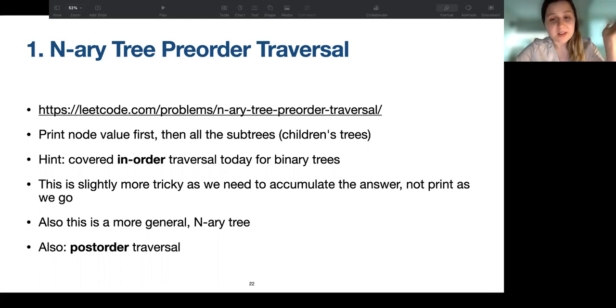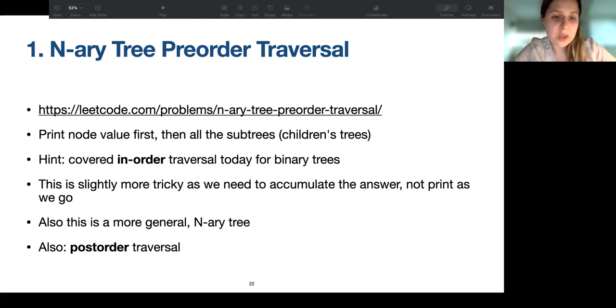as it likes. And what we want to achieve here, we want to print the tree in the following manner. We want to print the value of the node itself first. Then we want to print the values in all the subtrees of its children.